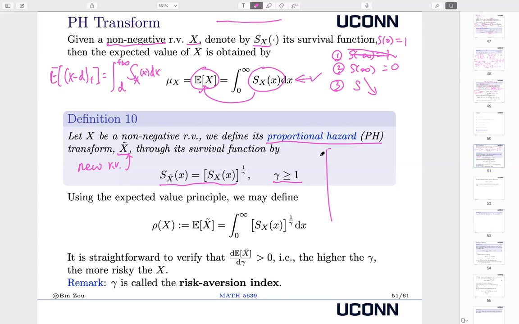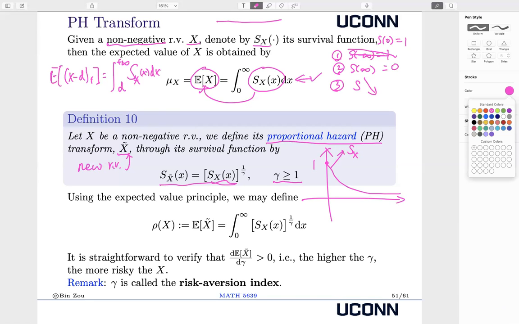So here, if I draw the graph, let's say this is my original survival function, S_X. Now I apply a power function. And because it's 1 over gamma, the power term is actually less than 1.